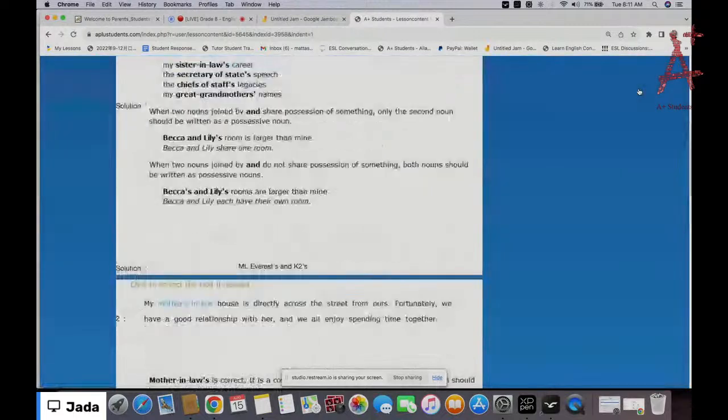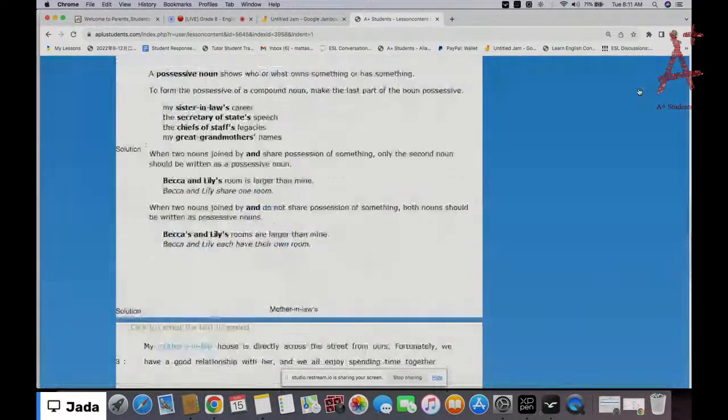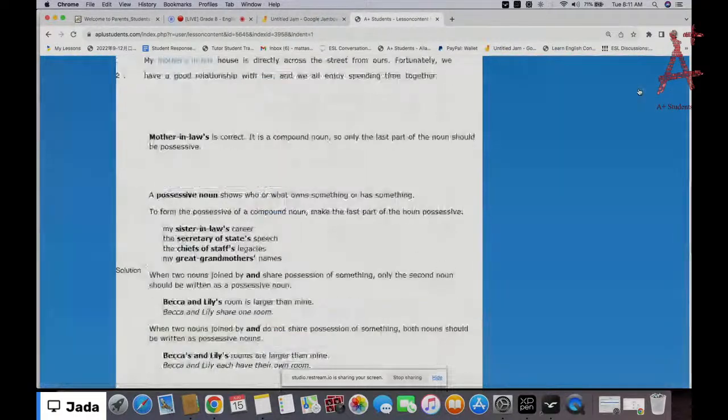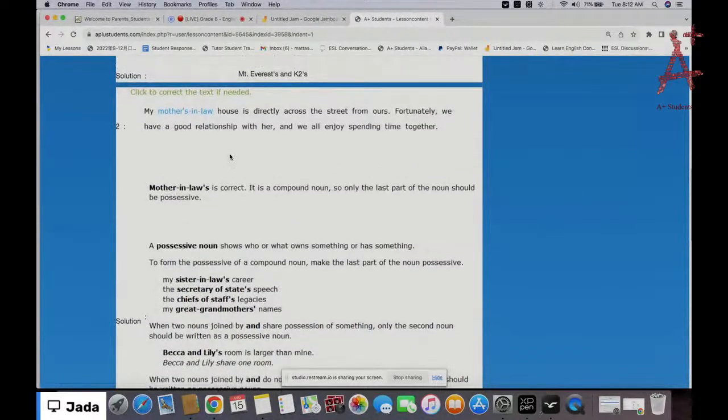Oh, okay. Yeah, see, there was no correction for this one. But like I said, it's my mother in laws. The S should come after mother in law, not be like mothers in law. It should be mother in laws, because it's showing possessive.